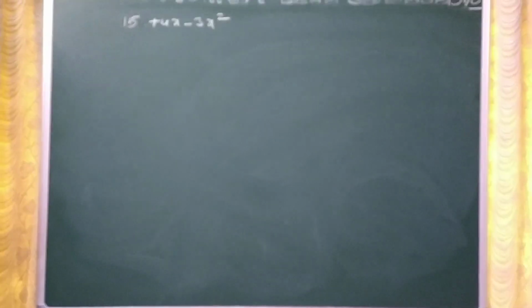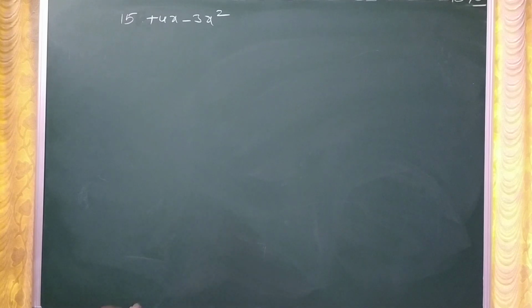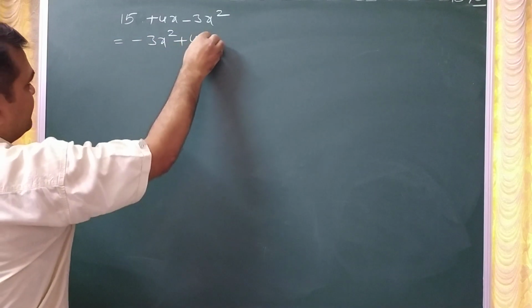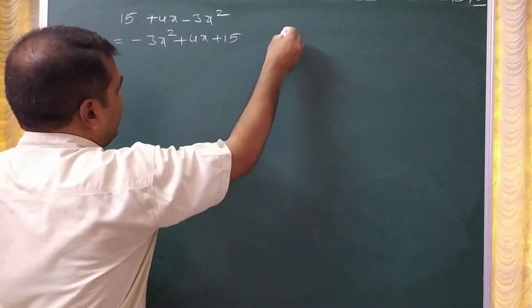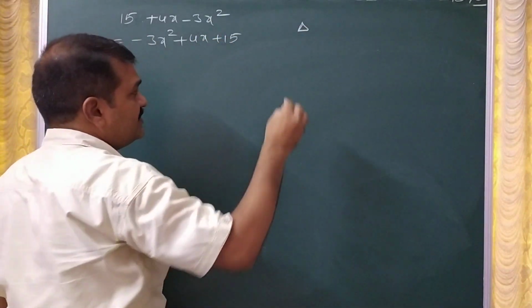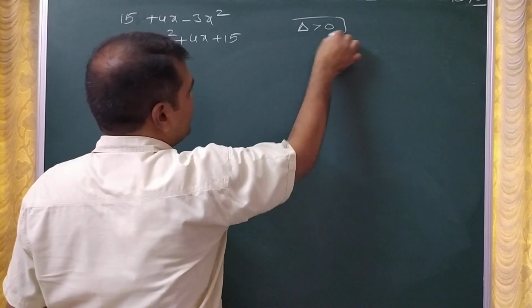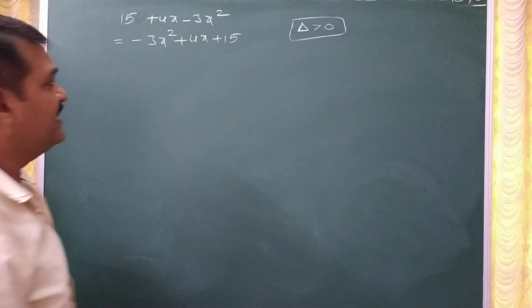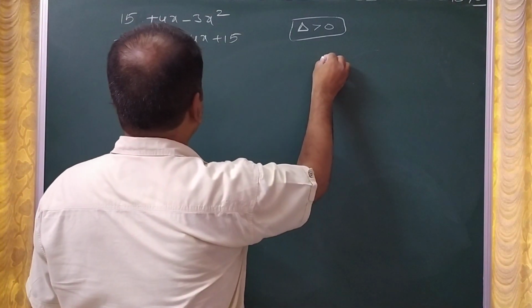A quadratic expression is given like this, so you can write this in order like this. Find delta. Delta is definitely greater than 0 for this. So delta greater than 0 means you have to find the roots. Okay, so let me find the roots here.